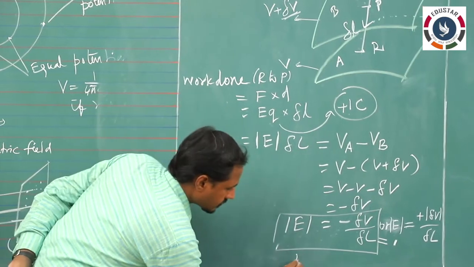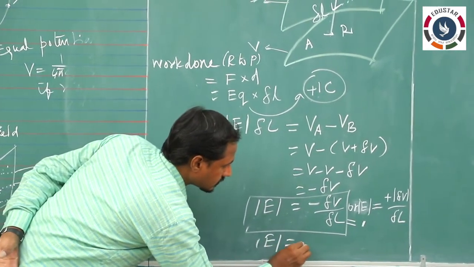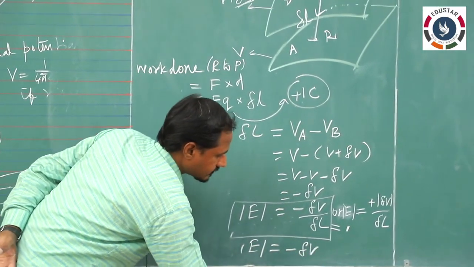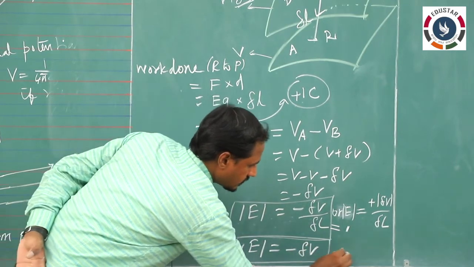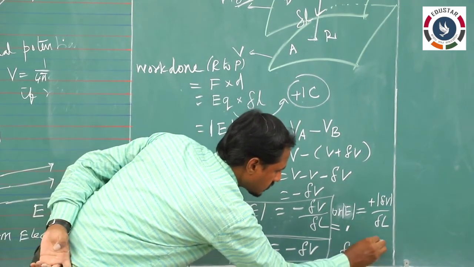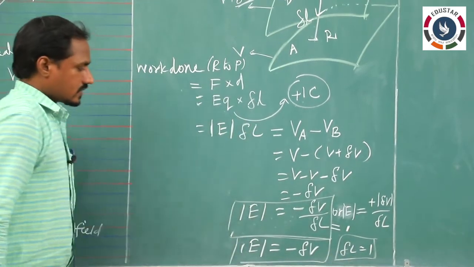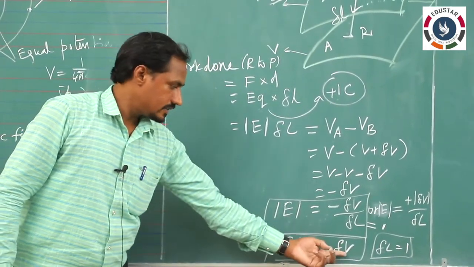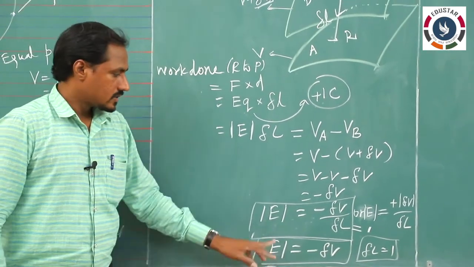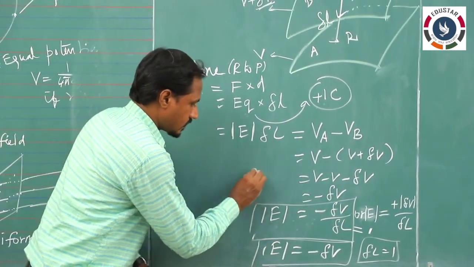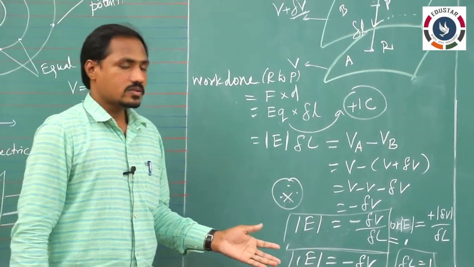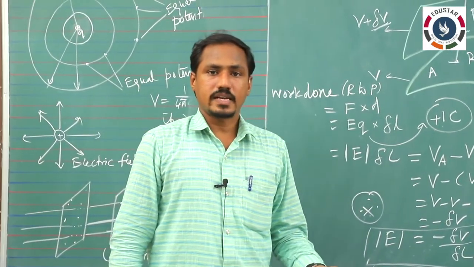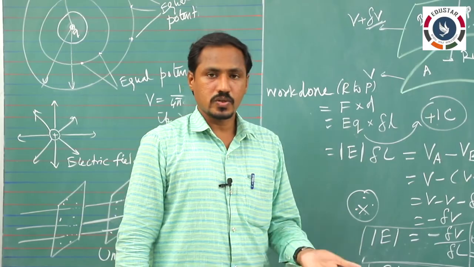So, E equals minus del V if del L equals 1. In this way we can define the electric field by relating it to the electrostatic potential. This formula is very important. So, students, practice by doing examples and exercises and go through the NCERT books.